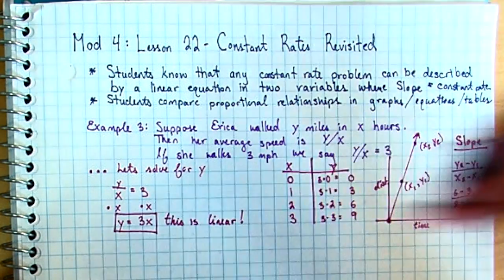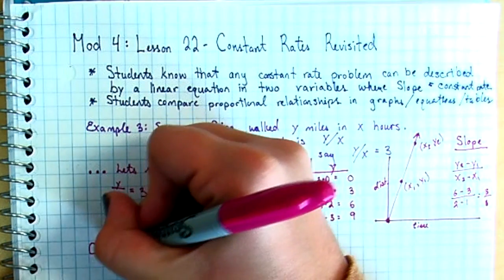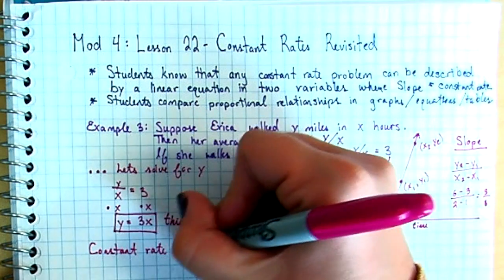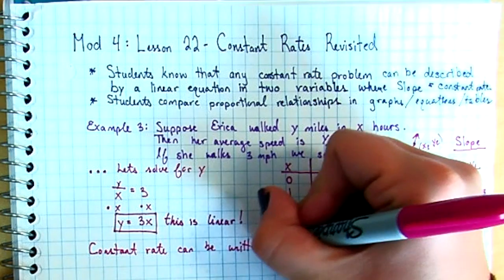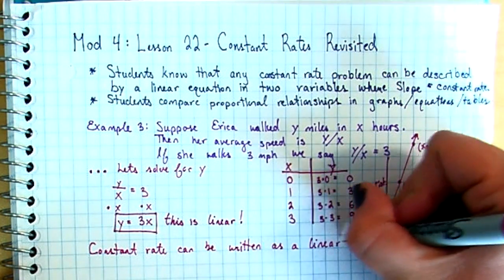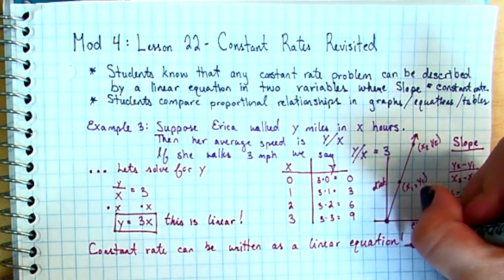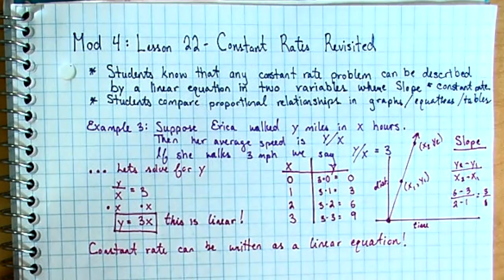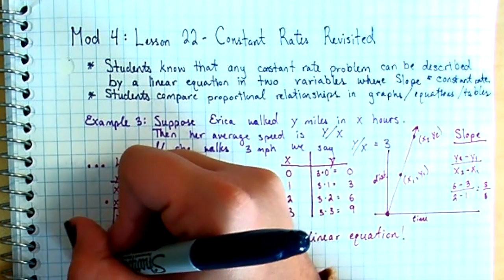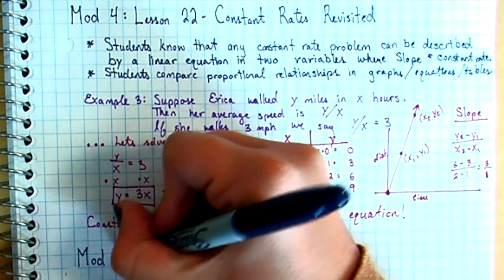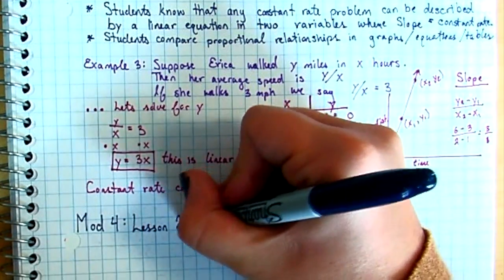So what that tells us is that any constant rate scenario can be written as a linear equation. That's all for Lesson 22.